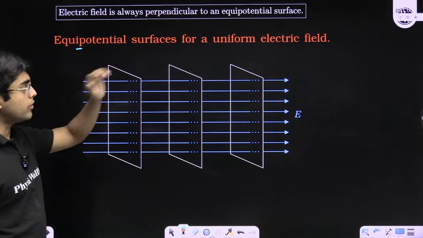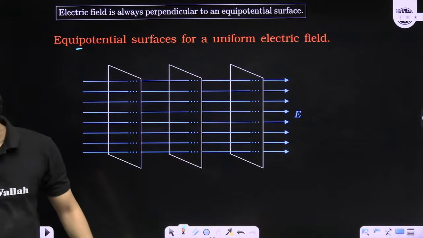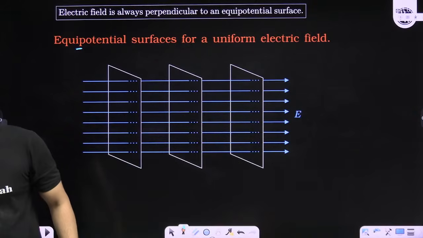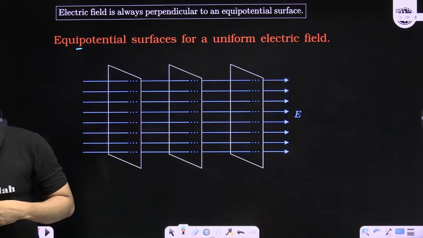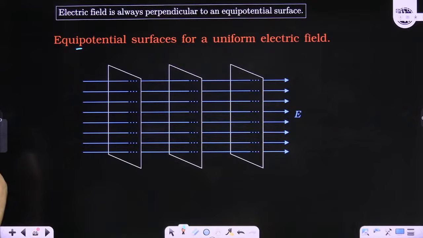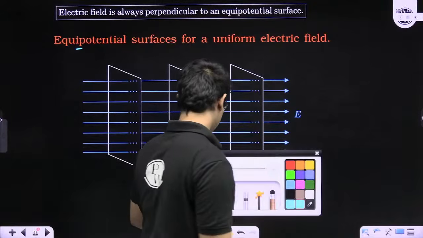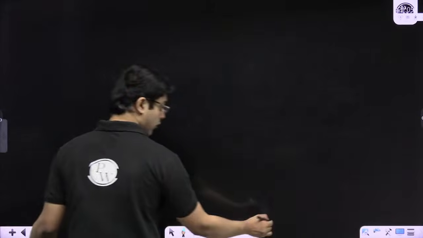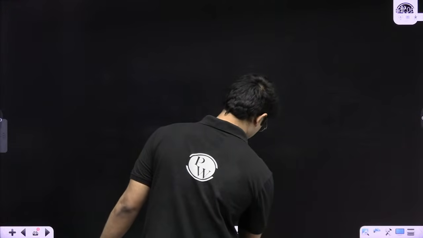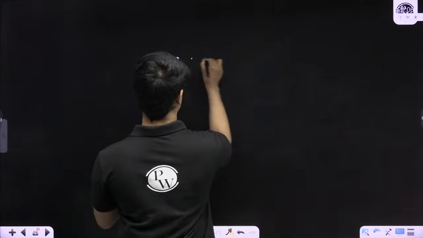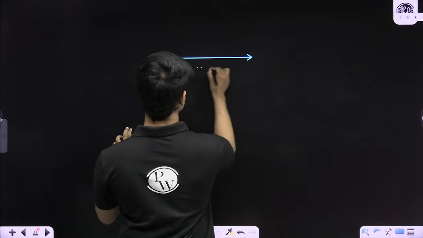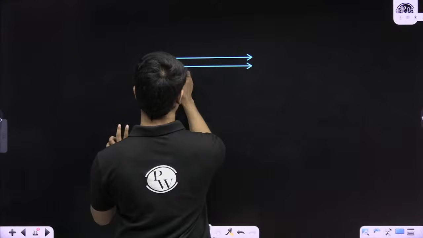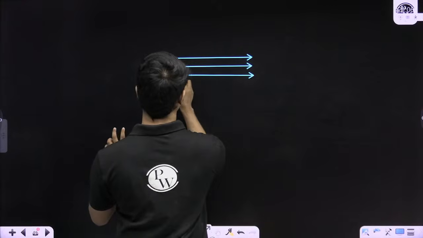And that was for the point charge. Now we can also talk about the uniform electric field. Uniform electric field is basically a constant electric field, and when we draw a constant electric field, they are always parallel lines, equally spaced, with equal spacing between them.